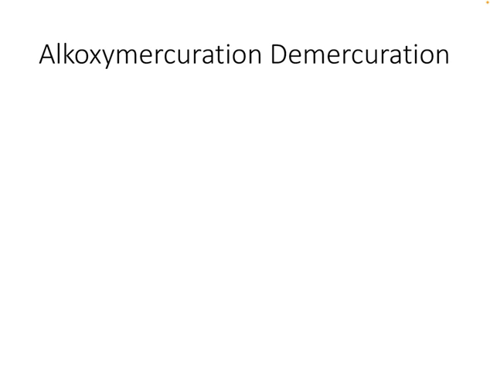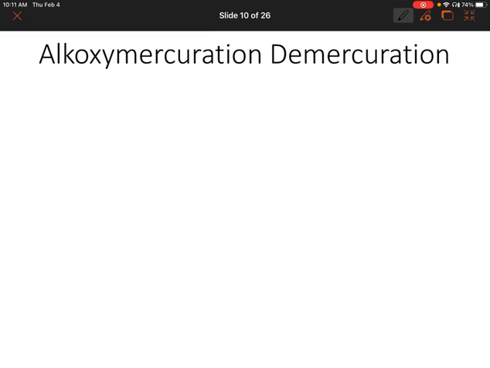So remember previously we learned how to perform oxymercuration demercuration, where we added an alcohol group to the more substituted carbon, and it also avoided rearrangement processes. However, now we're going to do a similar thing, but instead of an OH group, we're going to add an OR group. So let's see what that looks like.